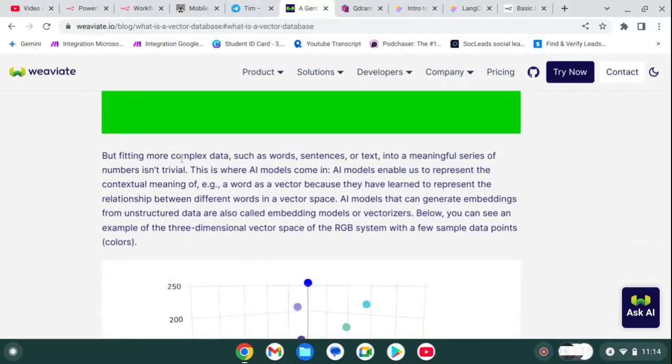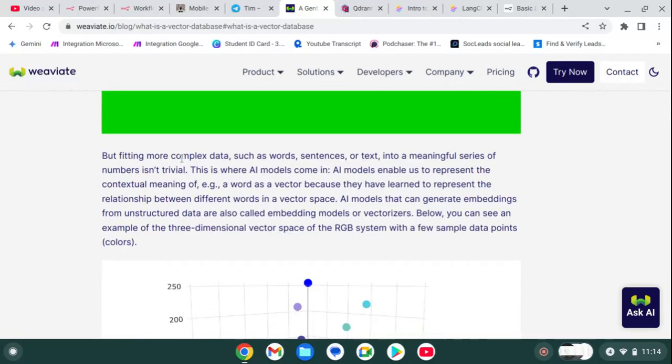But turning more complex data, such as words, sentences, or text, into meaningful numbers isn't trivial. This is where AI models come in. AI models enable us to represent contextual meaning, for example a word as a vector, because they have learned to represent the relations between different words in a vector space.